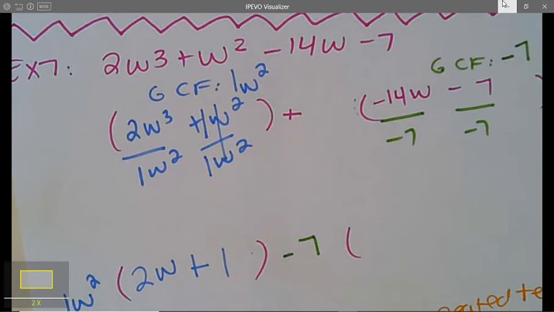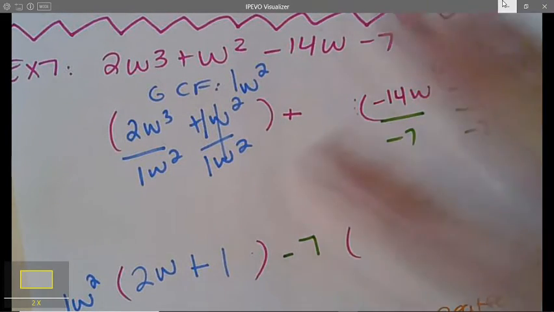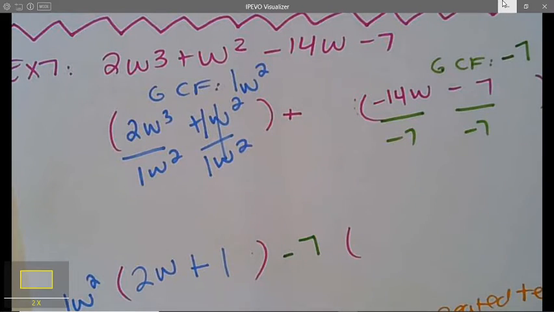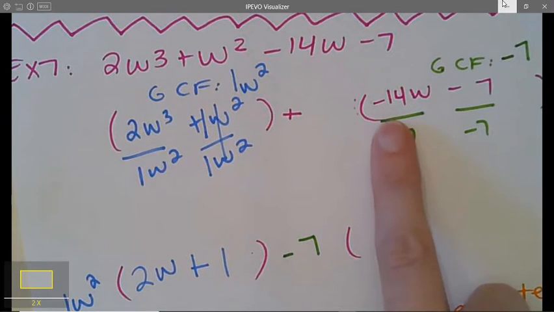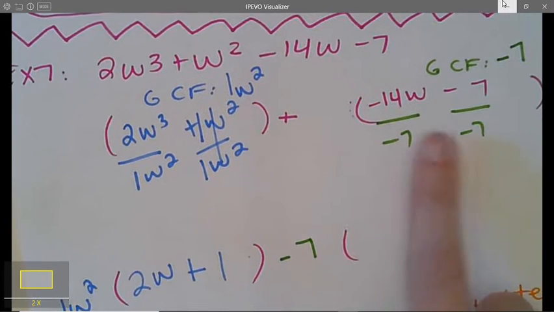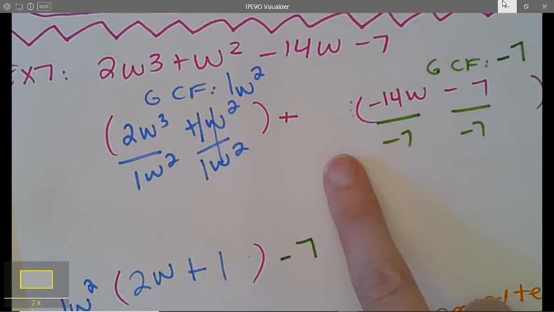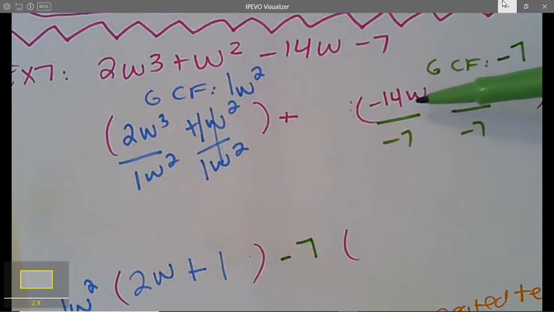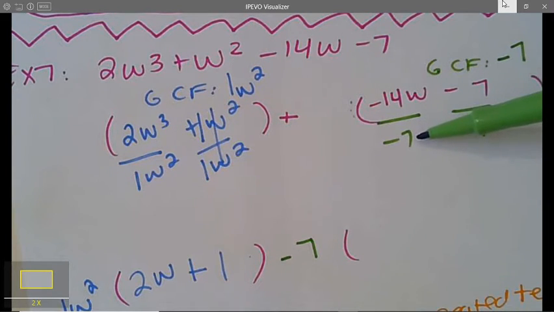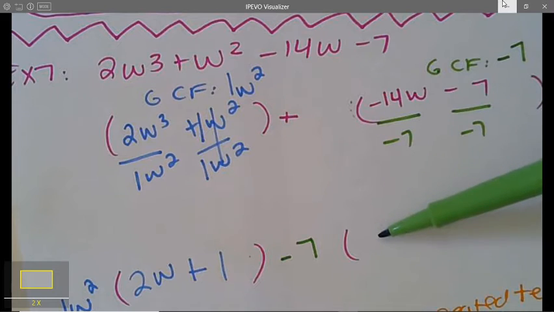Now, the demon cats tend to get us every once in a while, me more than you guys. But let's say that you forgot that your leading coefficient can't be negative. Let's say you figured the largest number that goes into 14 and 7 is 7, and you tried to divide by positive 7. Negative 14w divided by 7 would be a negative 2w, and negative 7 divided by 7 is negative 1.